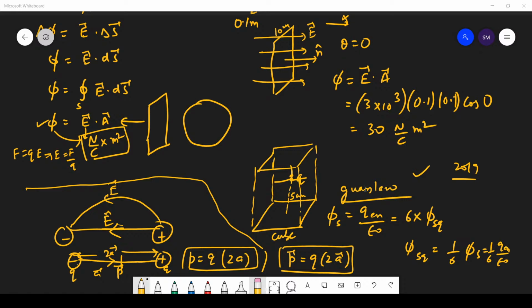Now the question can be asked about the graph between E versus R, the electric field due to a dipole.